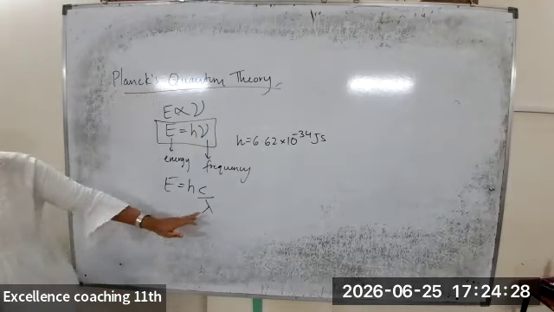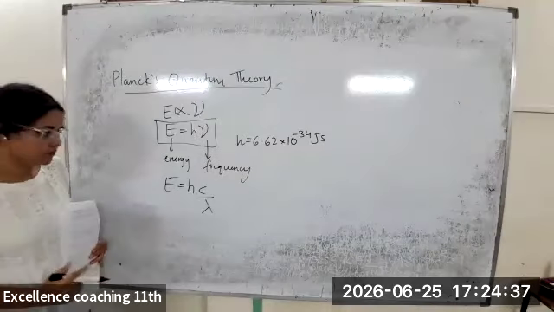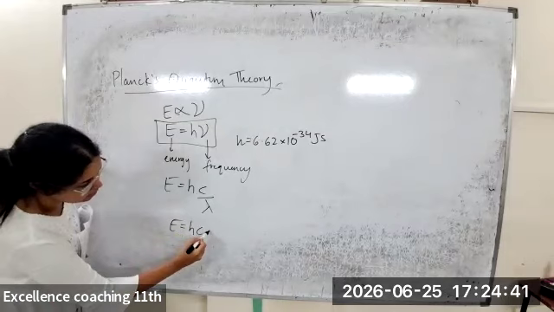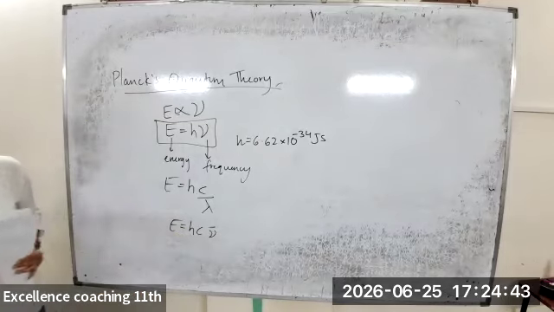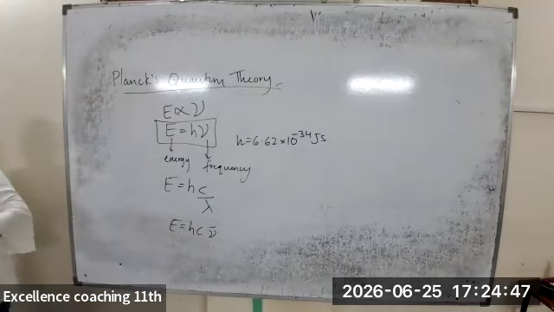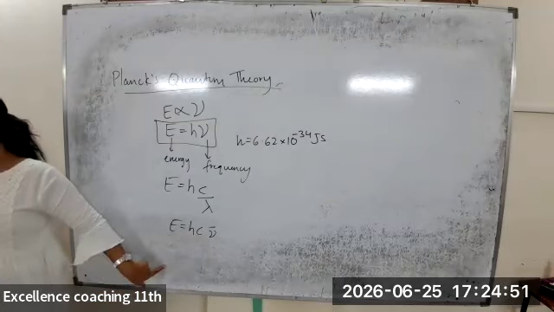If I want wave number, then E is equal to h c times wave number. This is not mentioned, but I'm just saying, see the possibility of the examiner or the teacher asking the question.